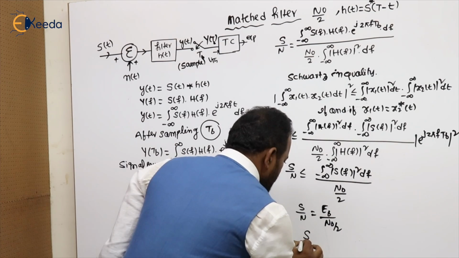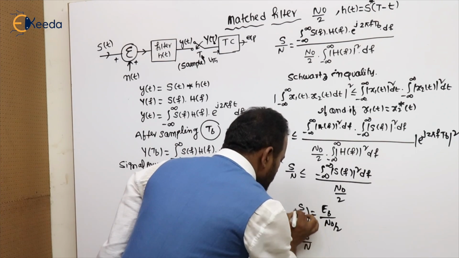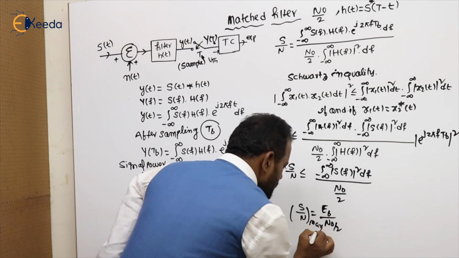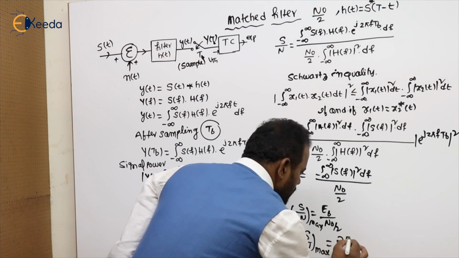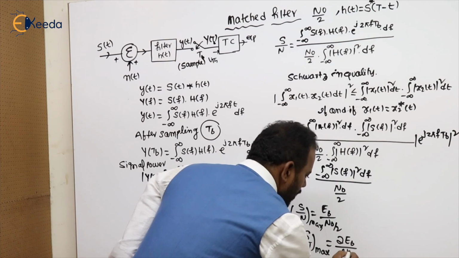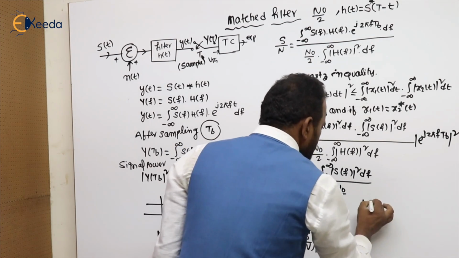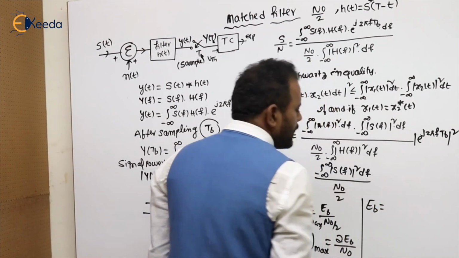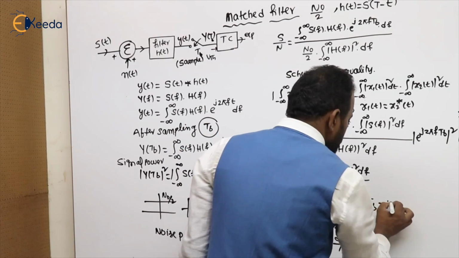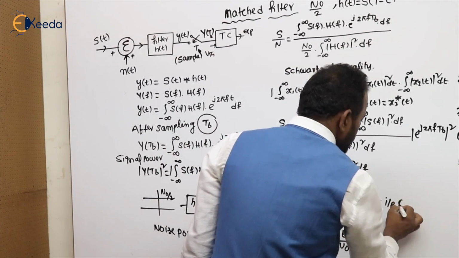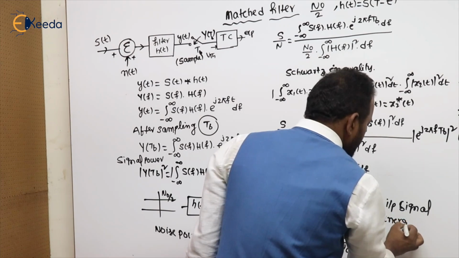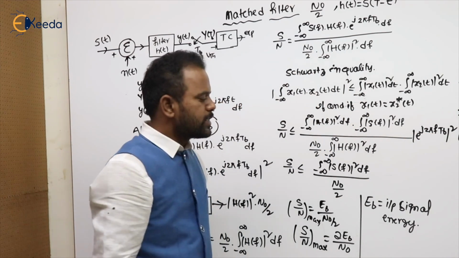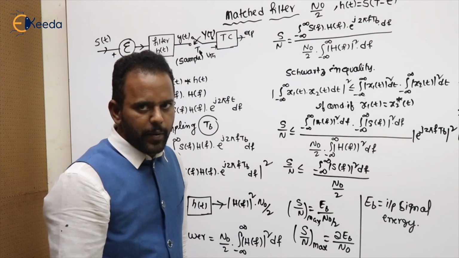That is S by N. So the maximum signal to noise ratio is 2 Eb by N naught, where Eb is nothing but the signal energy, that is the input signal energy. Are you getting my point?